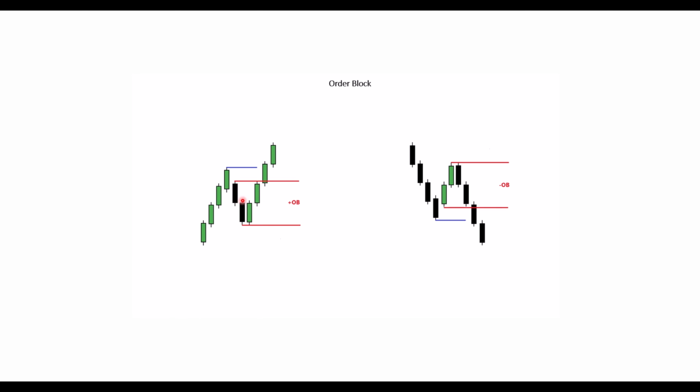Whereby now, from this high to this low, this is my true order block range, and I do not want to see price close within the mean threshold, which is 50% of this candle body wise. If you're bearish, 50% of this bullish candle body wise. I do not want to see price close above that or below this one.